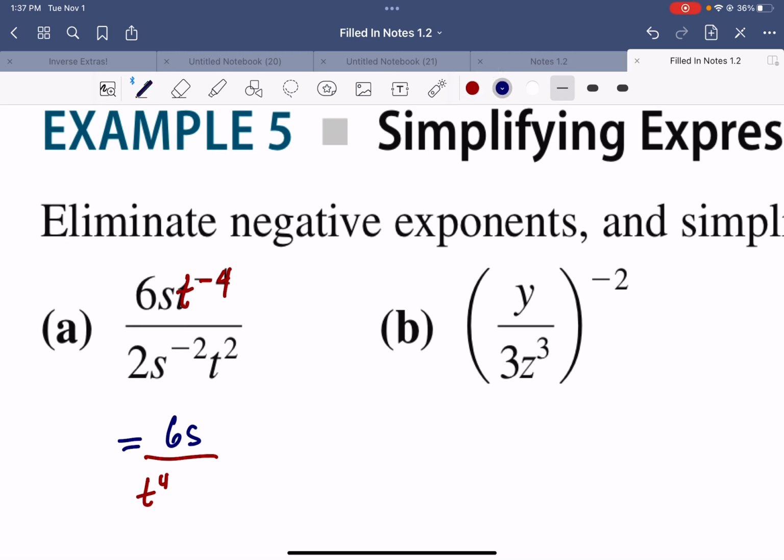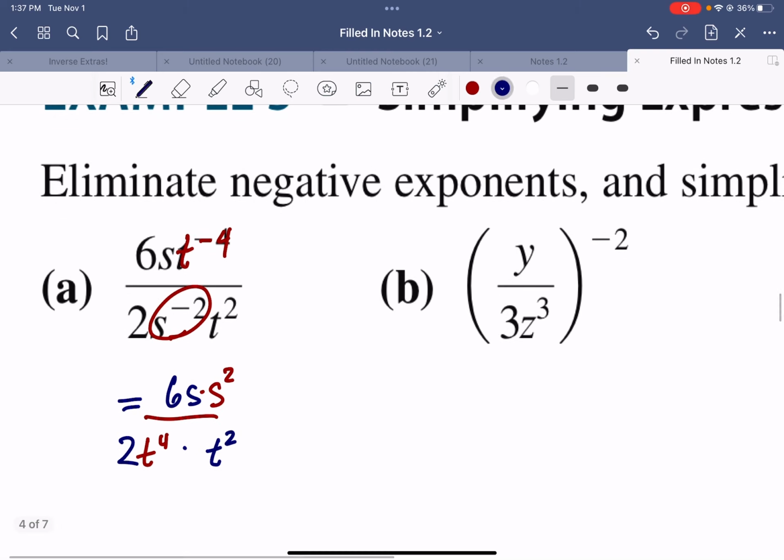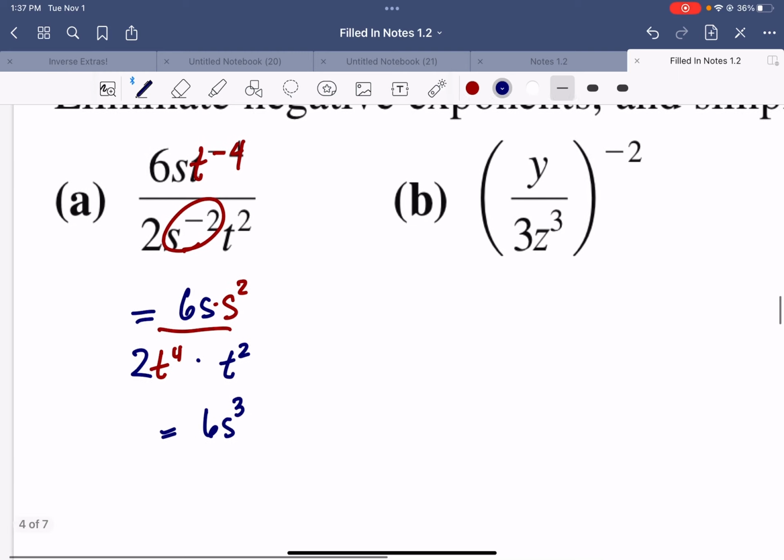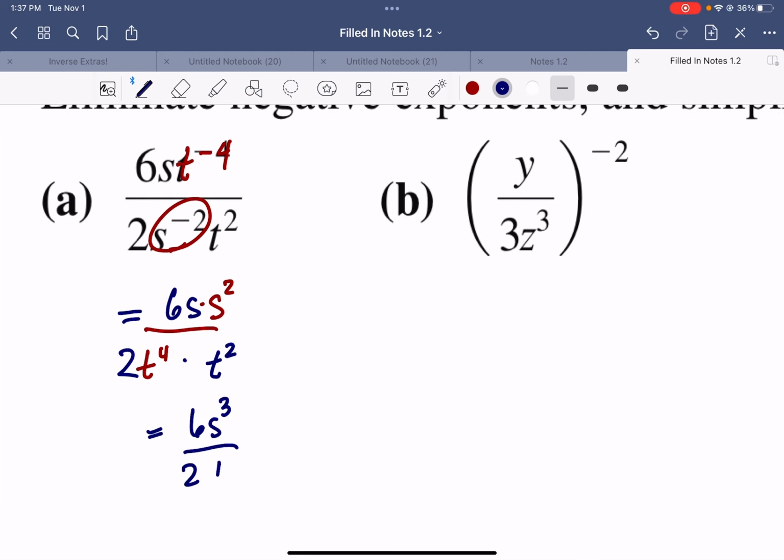We still got a 2 down here and a t squared, but then this s to the negative second on bottom wants to be an s to the second on top. So now what we really have is 6s cubed on the bottom you have 2t to the sixth, which is just 3s cubed over t to the sixth.